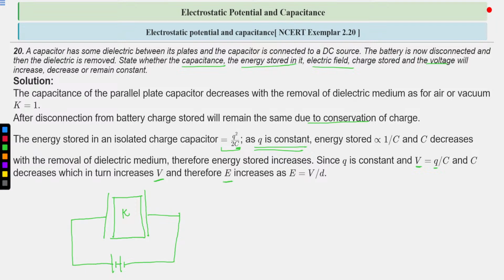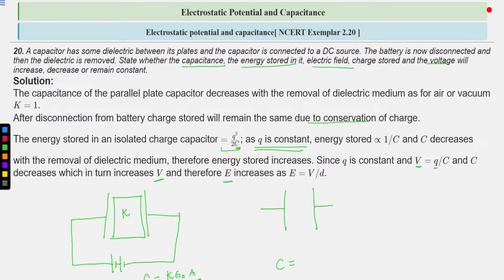Here C is equal to K epsilon naught A upon D. After that, we removed this K, the dielectric, and also disconnected the battery.